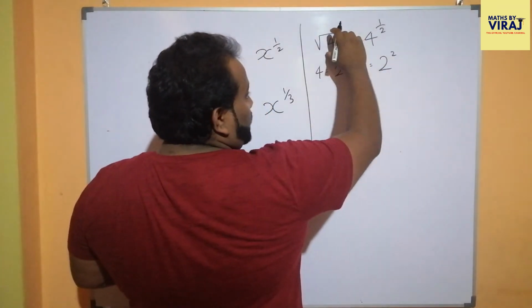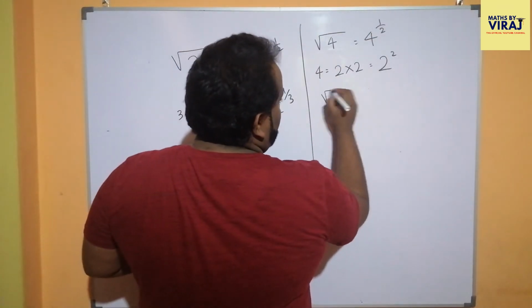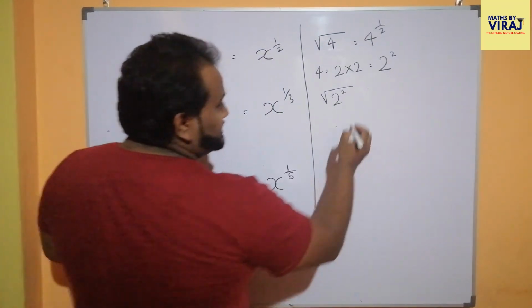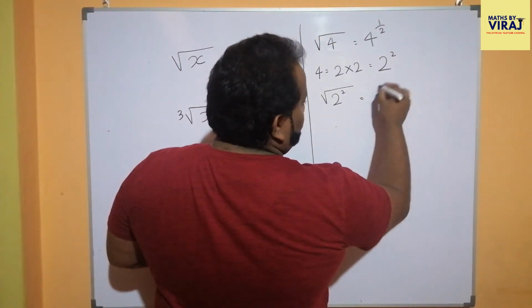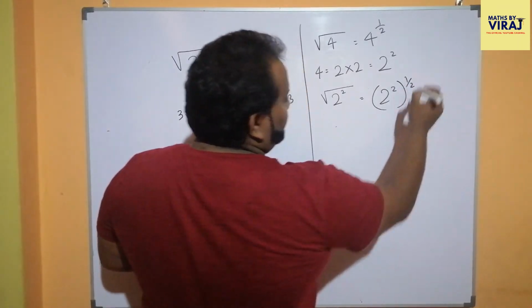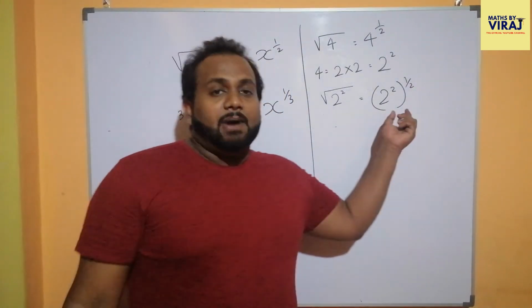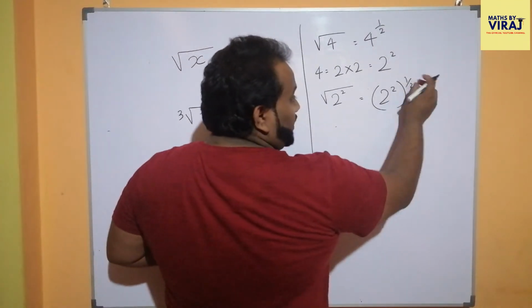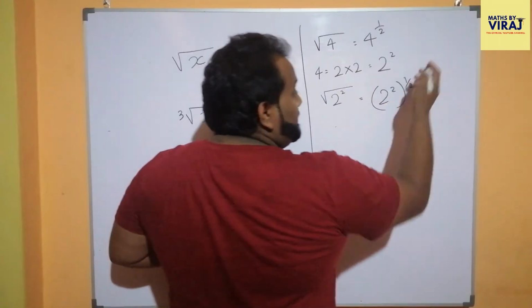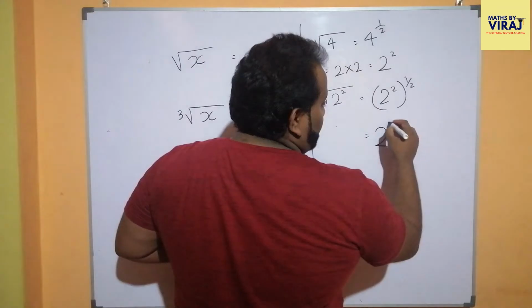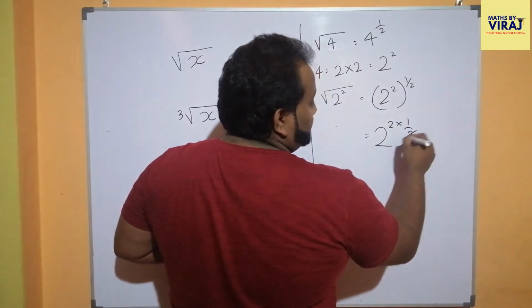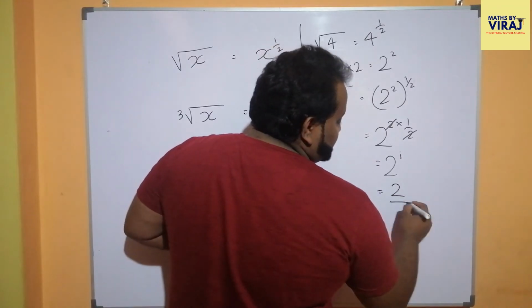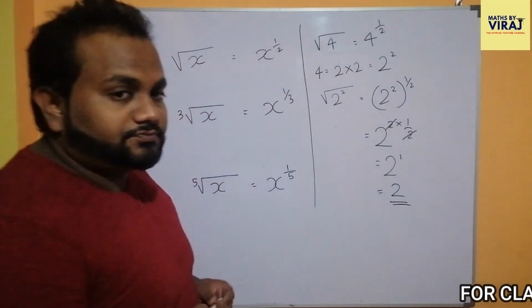So instead of 4, I can now write square root of 2 to the power 2, which means 2 to the power 2 whole into the power half. Now this is like raising a power to a power. Therefore, when there are two powers, we multiply them. 2 to the power 2 into half, which is 2 to the power 1, and the answer is 2.